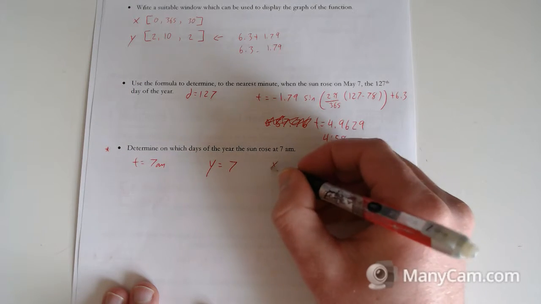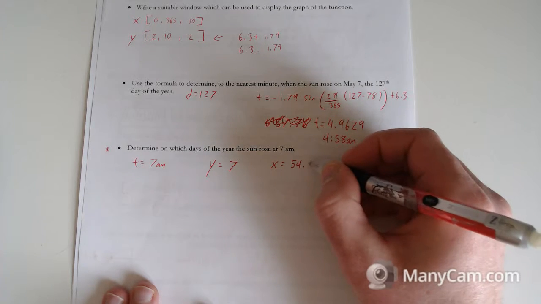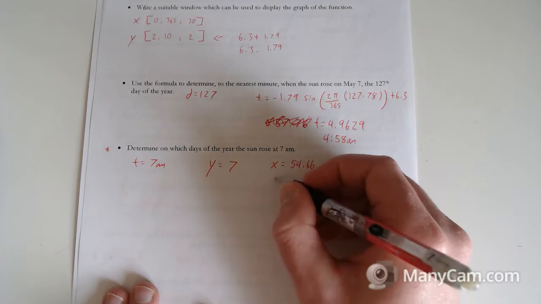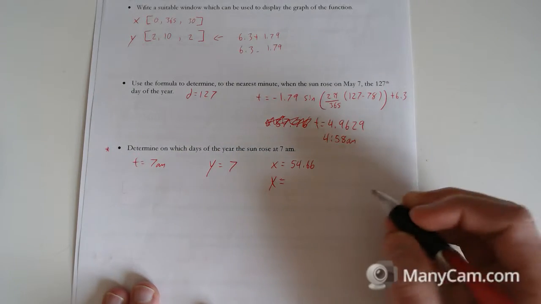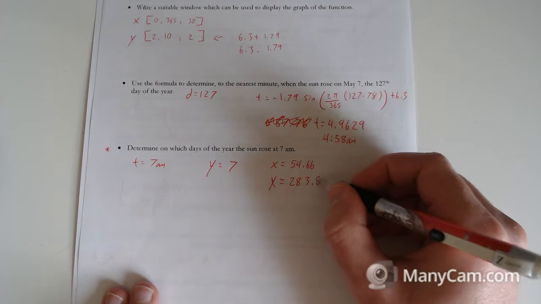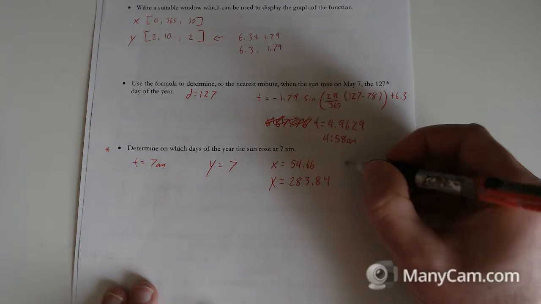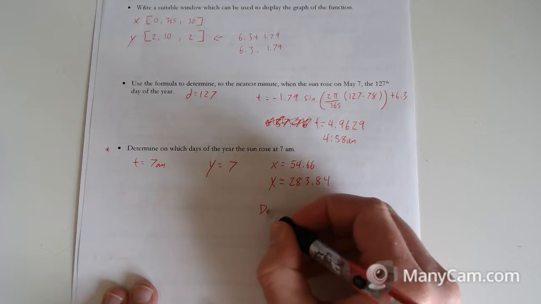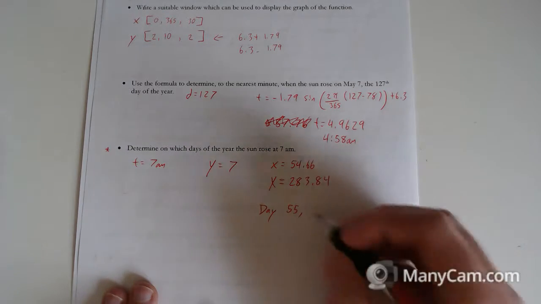You should find x equals 54.66 roughly, and another x equals 283.84. And we would probably round these to the nearest day. So day 55 and day 284.